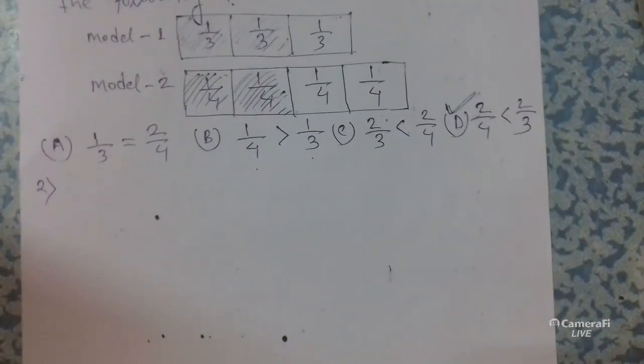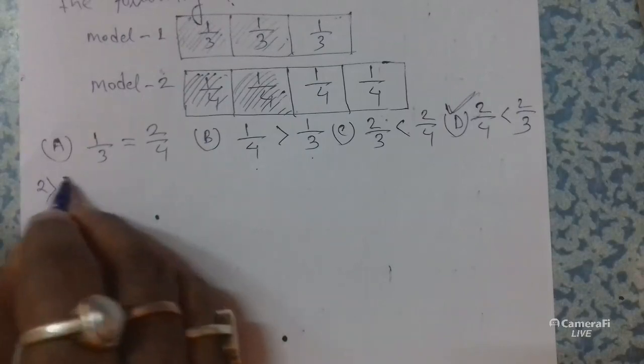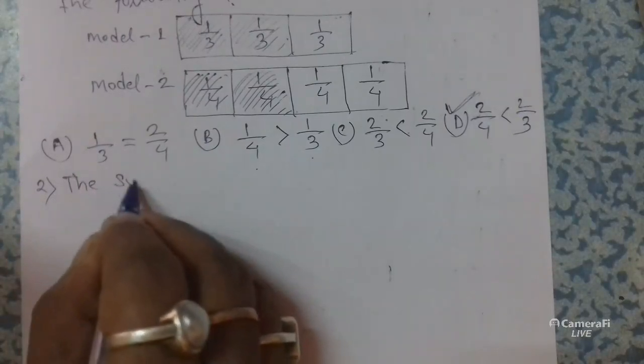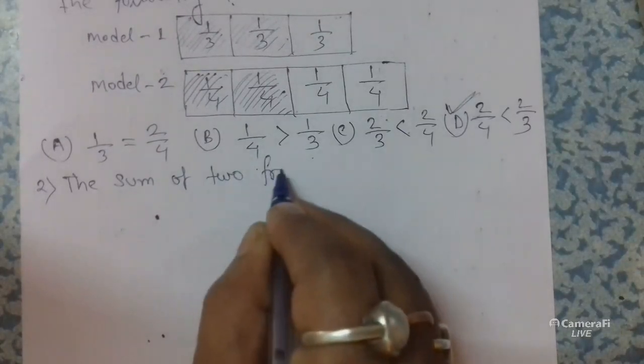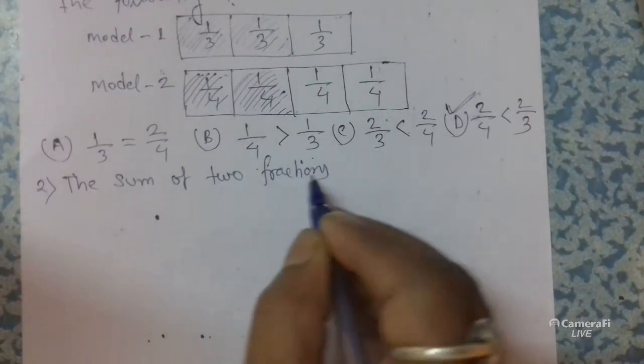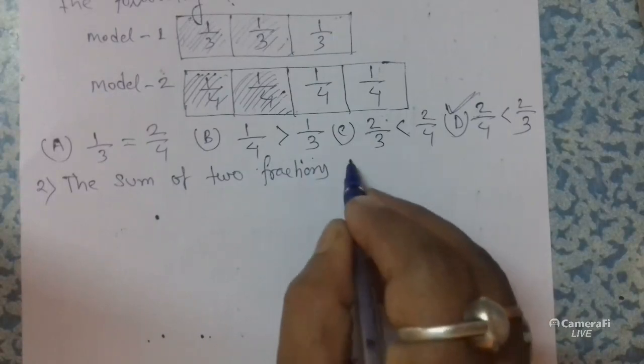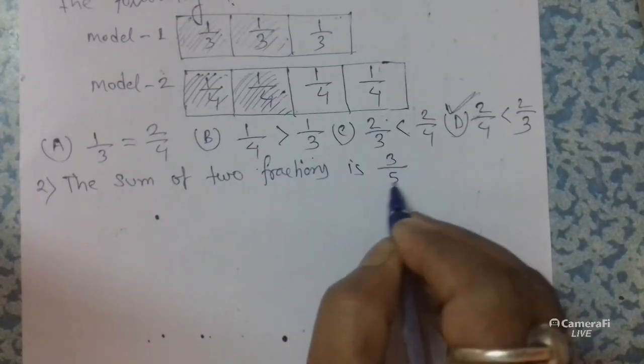Next problem. The sum of two fractions is 3 by 5.